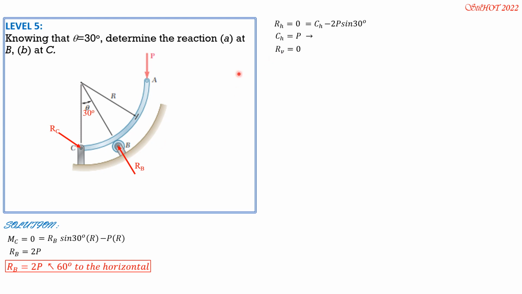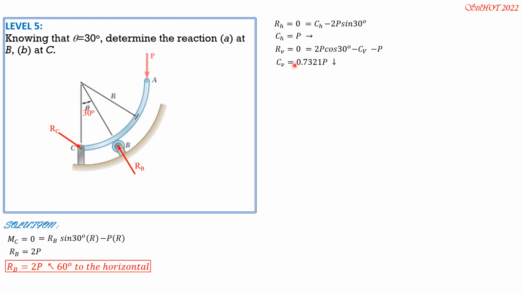The vertical component of the resultant is 0 by equilibrium. So we have RB, which is 2P cosine 30, the vertical component of RB, then minus CV, which is downward, minus P. So CV is 2P cosine 30 minus P, and that is equal to 0.7321 P.